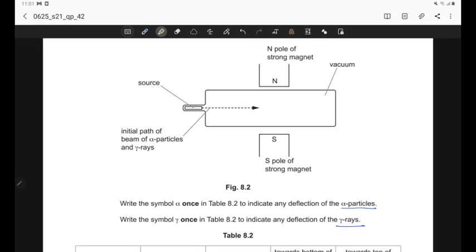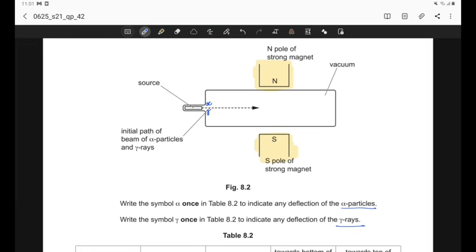So here it's the same as the previous part, but instead of electrically charged plates, there are two strong magnetic poles, a north pole at the top and a south pole at the bottom. Again we need to check what happens when the source emits an alpha particle and a gamma ray, whether it deflects, and if it deflects, in which direction.